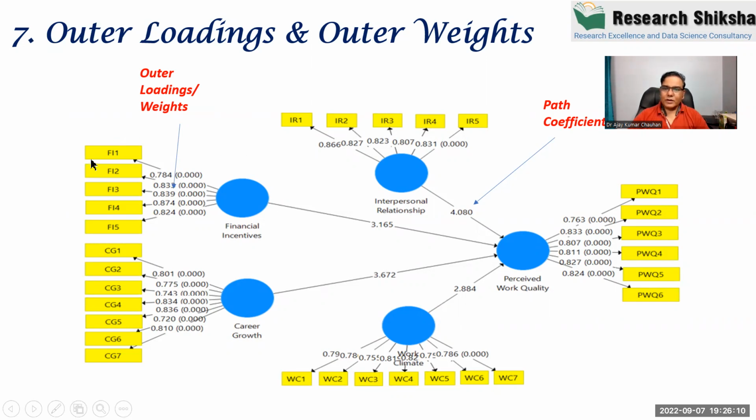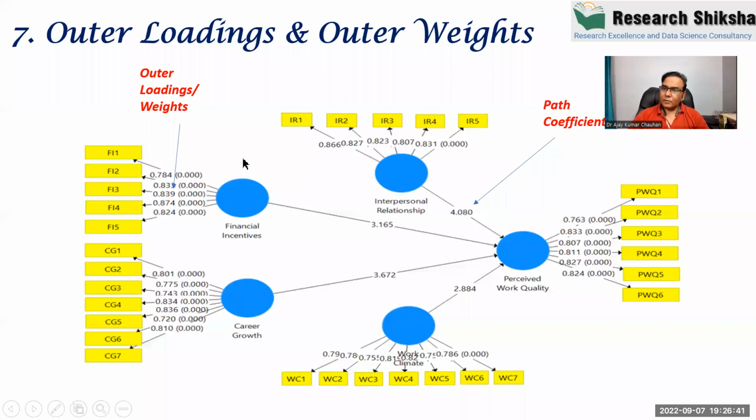If your construct is reflective, these numbers are known as outer loadings. If the construct is formative, these numbers are known as outer weights. So once more, if the construct is reflective, these numbers are known as outer loading, and for formative we call them weights.